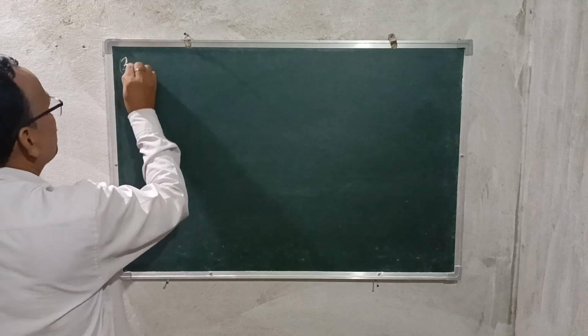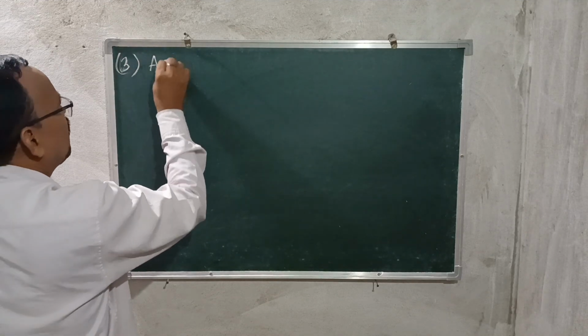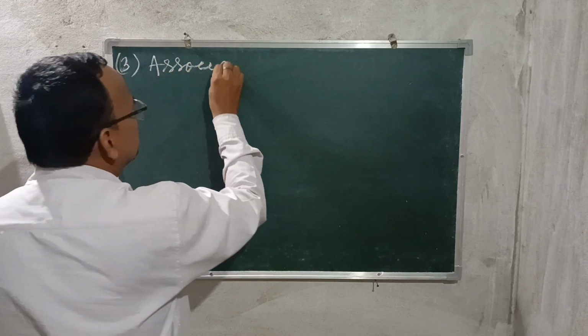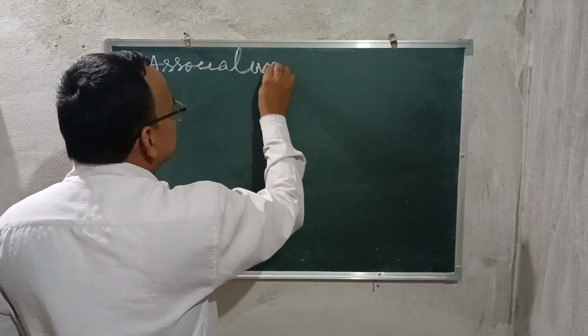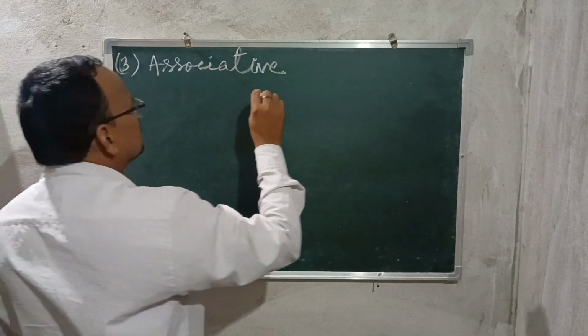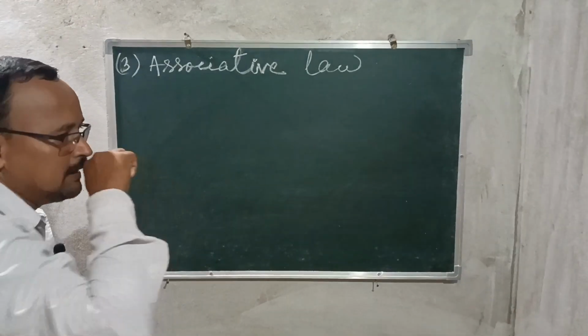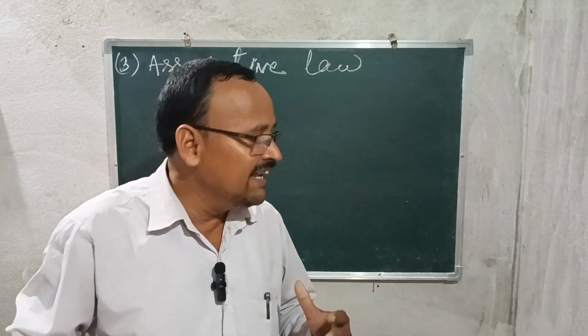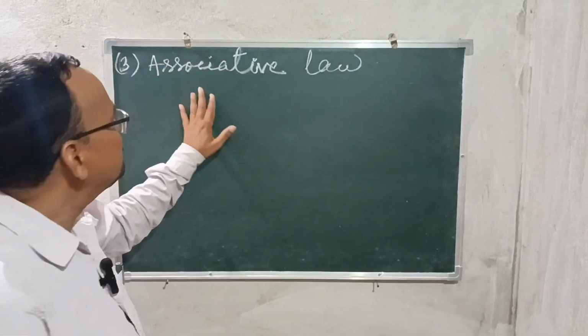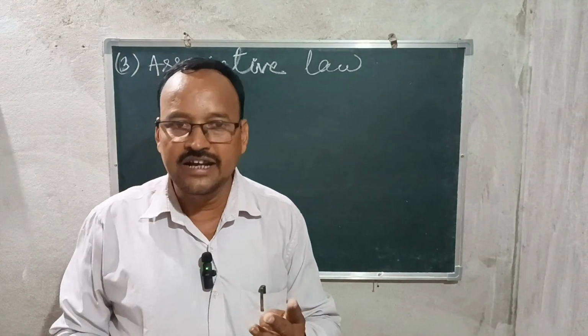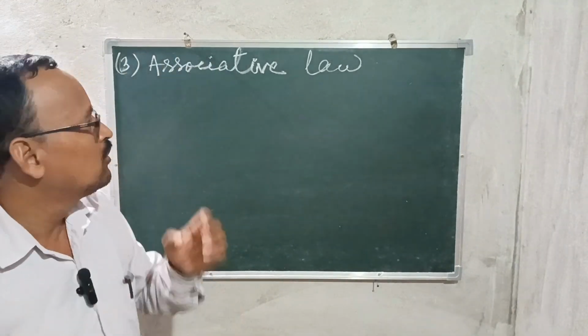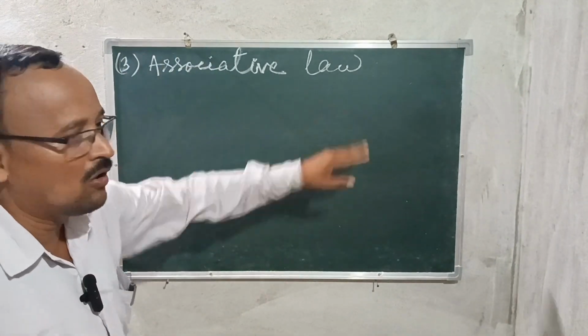commutative law. And what is associative law? Law number 3, associative law. In associative law, three integers are required to verify this associative law.